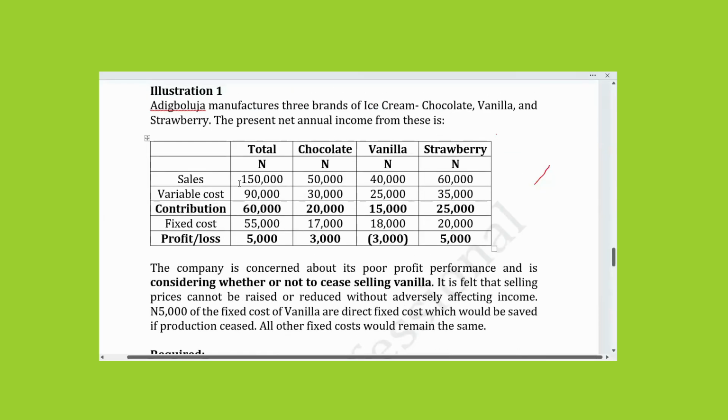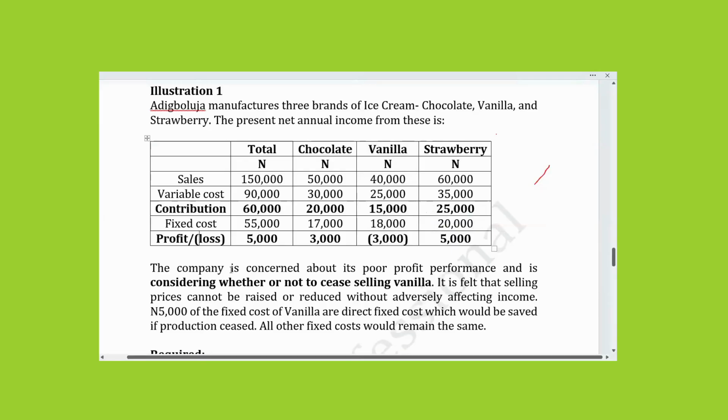Okay? When you look at the income statement given to you, you will notice that this company produces 3 different brands of ice cream: chocolate, vanilla, as well as strawberry. When you look at the information given under vanilla, you will notice that vanilla is operating at a loss. So there is a loss of 3,000 naira associated with vanilla.